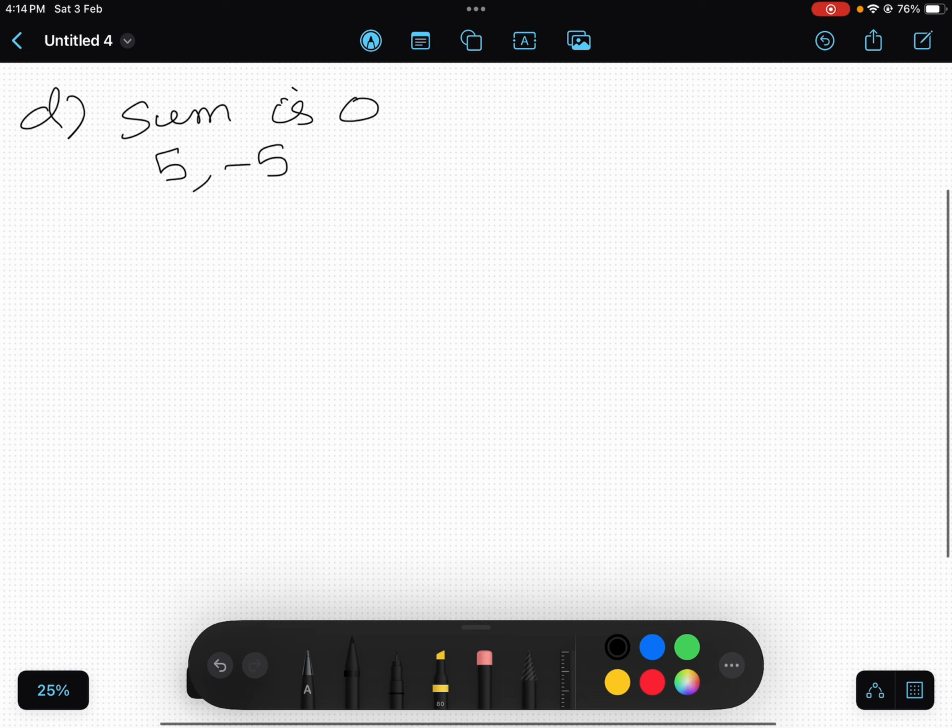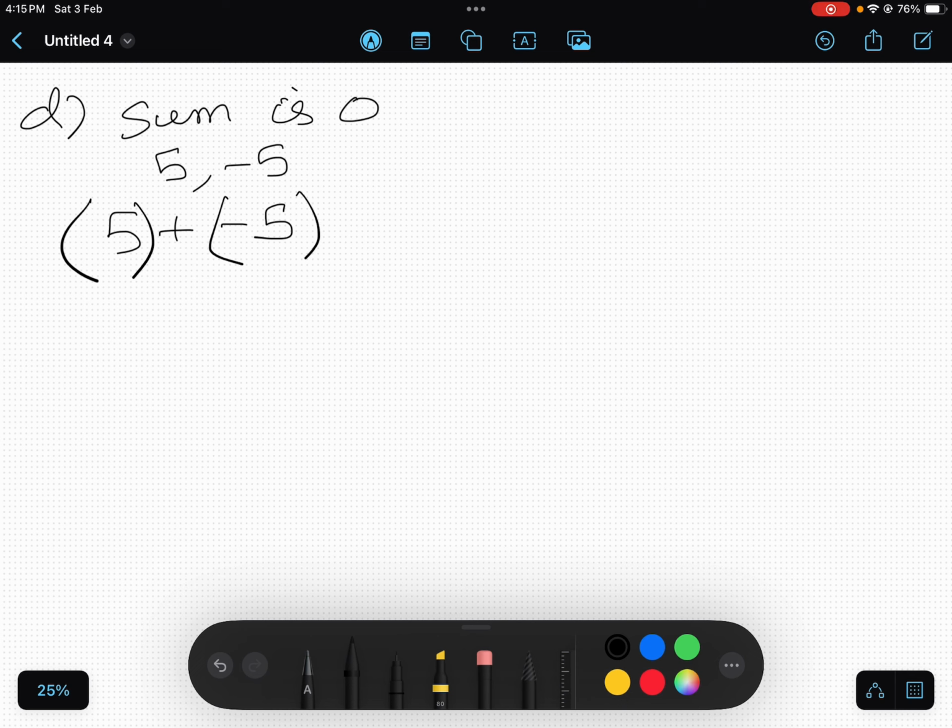Otherwise you will lose the marks unnecessarily. So 5 plus minus 5. Put it in brackets like this. This 5 has a plus sign. Now are the signs same or opposite? It is opposite. So we have to subtract. So 5 minus 5 is 0. So when I add the two integers 5 and minus 5, the sum is 0. So that finishes example 1.